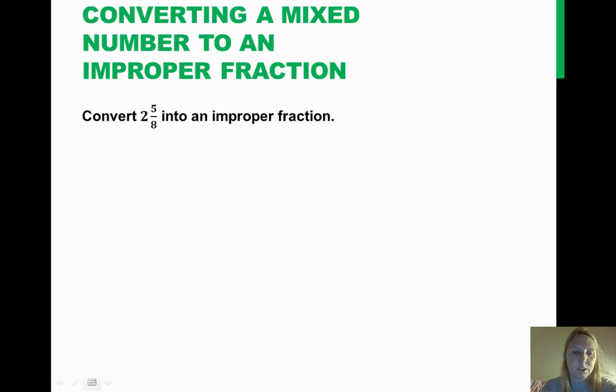On this particular one, we want to convert a mixed number into an improper fraction. In order to do that, we are going to take 8 times 2 and then add 5 to it. So 8 times 2 plus 5 is 16 plus 5, which will be 21 over 8. That is our improper fraction.